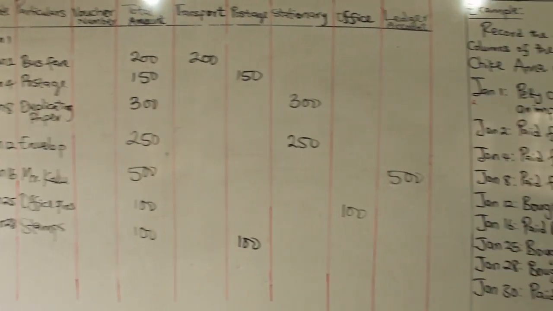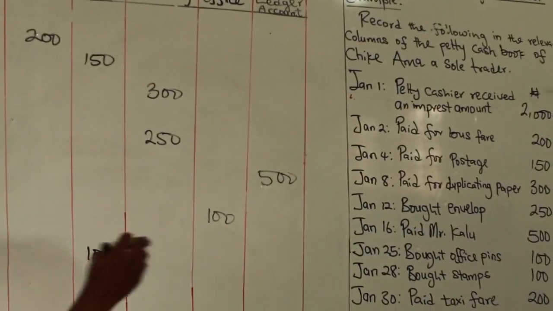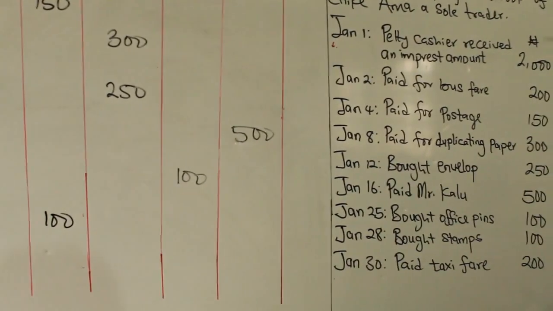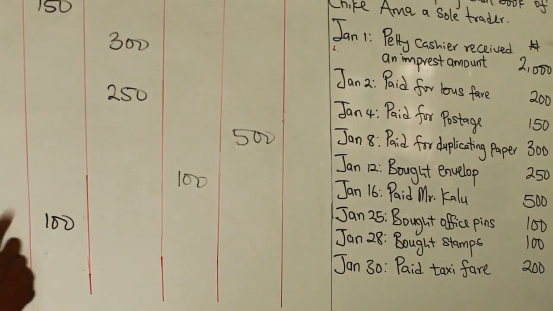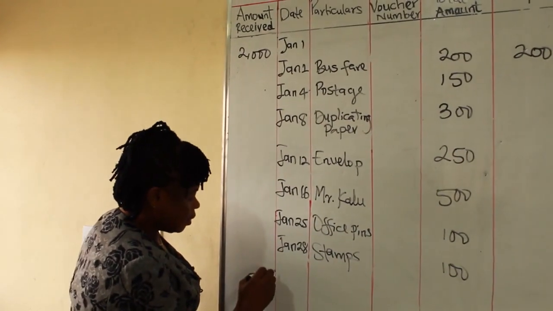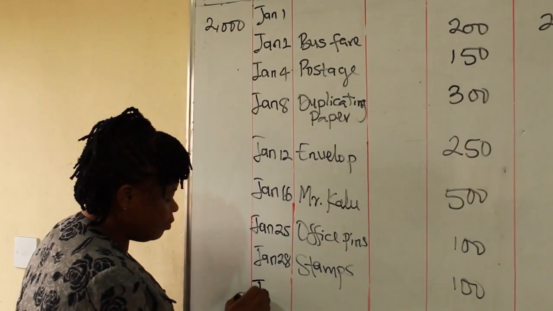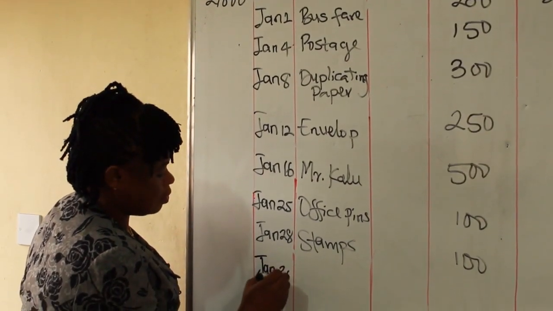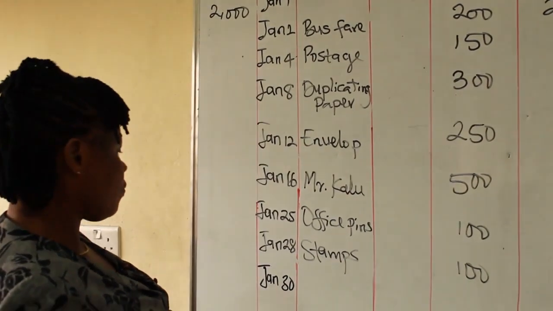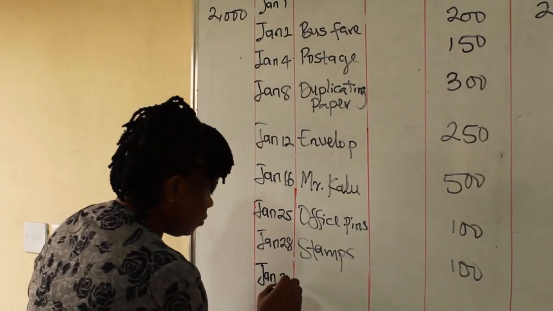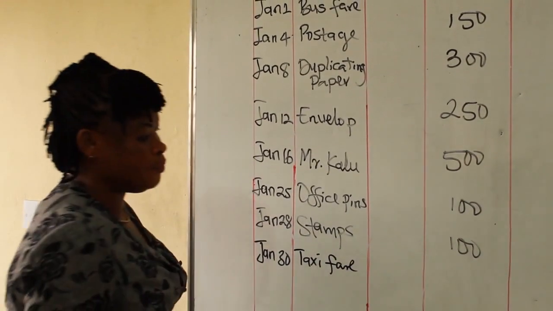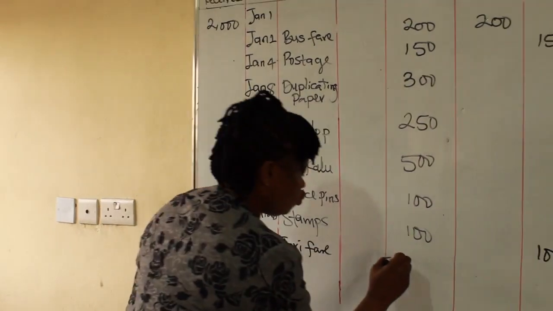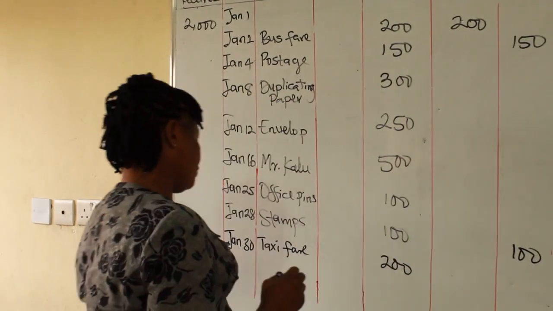Now we have the last transaction that took place there on January 30th. Paid taxi fare. The petty cashier gave out money for taxi fare, 200 naira. The money will first be recorded on the debit side, 30th, and the transaction that took place was taxi fare, and the amount 200 naira.